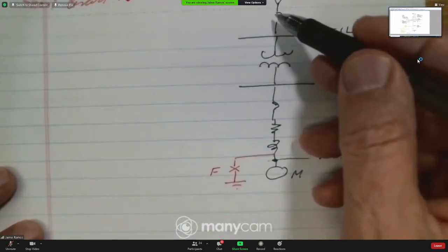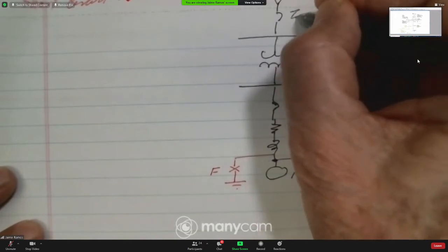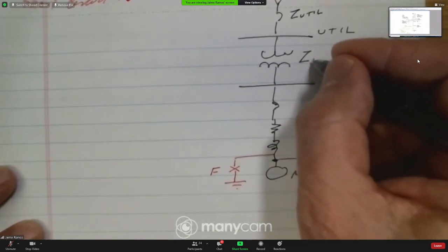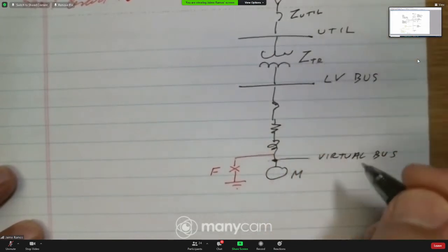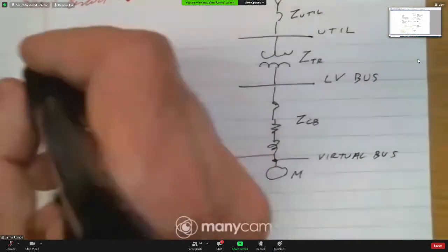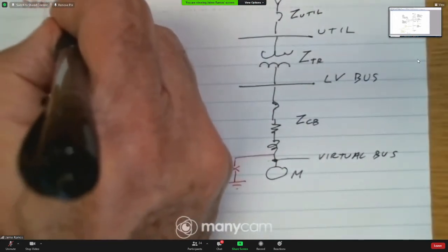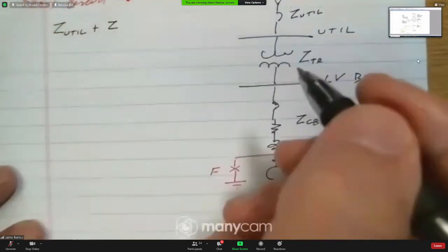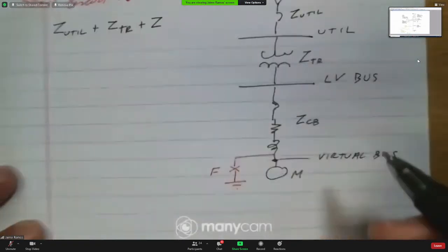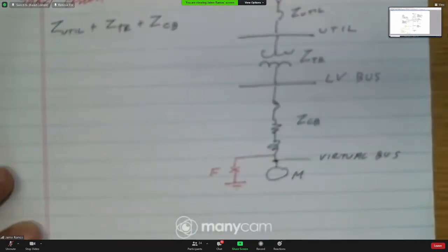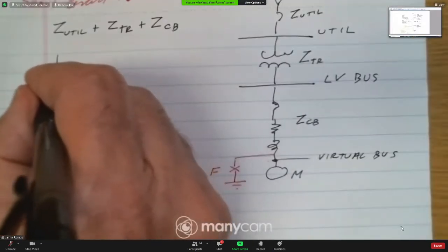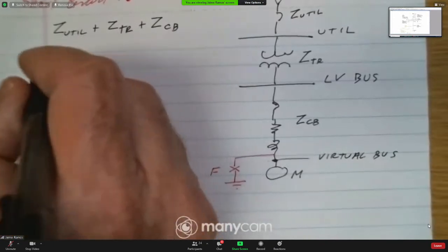So here, there are the utility impedance, Z utility, the transformer impedance, Z transformer, and the cable impedance, Z cable. The total impedance is Z utility plus Z transformer plus Z cable. Then we can produce a Thevenin diagram.